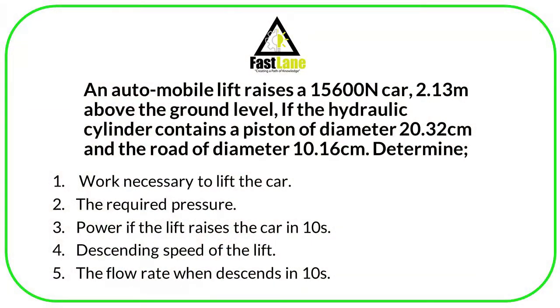An automobile lift raises a 15,600 Newton car 2.13 meters above the ground floor. If the hydraulic cylinder contains a piston of diameter 20.32 centimeters and the rod of diameter 10.16 centimeters, determine: work done, pressure required, the power, descending speed, the flow rate.